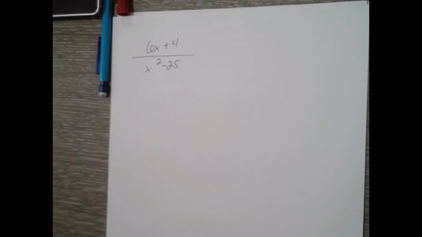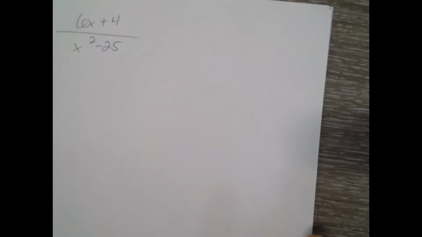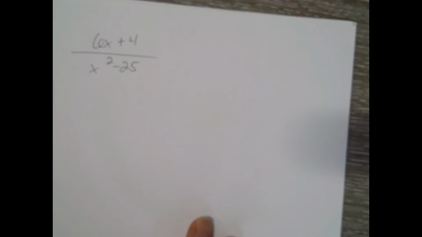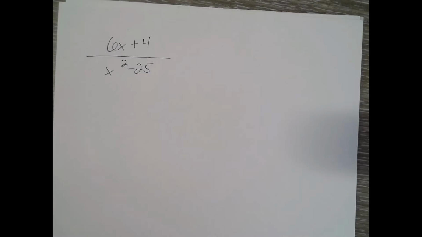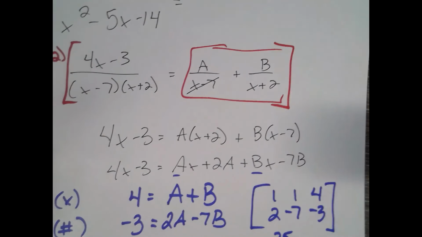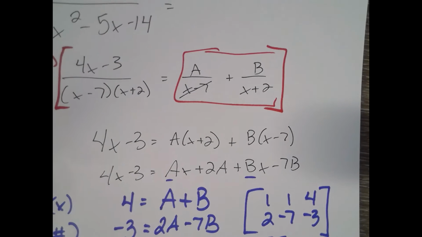What's our first step? Factor the bottom, very good. x plus 5 and x minus 5, there you go. That's a difference of squares. Then put an A over one of the factors and B over the other factor. So the same thing.